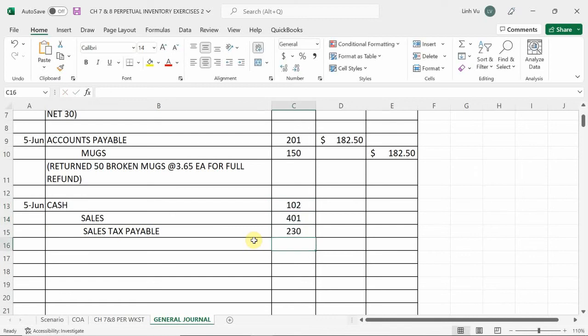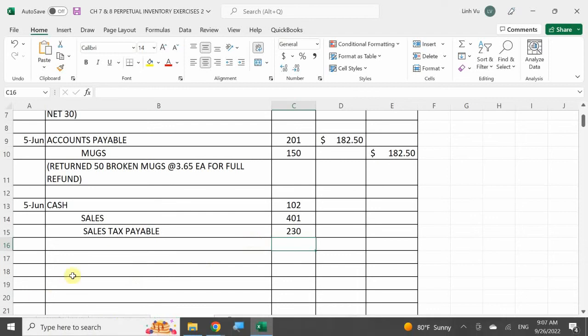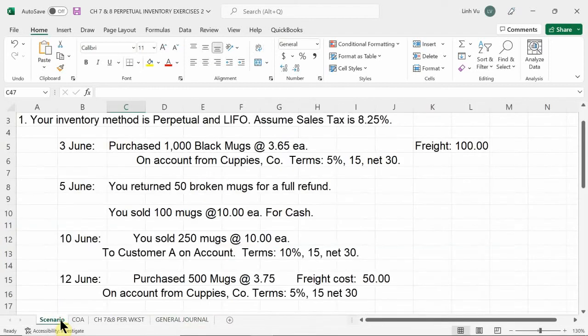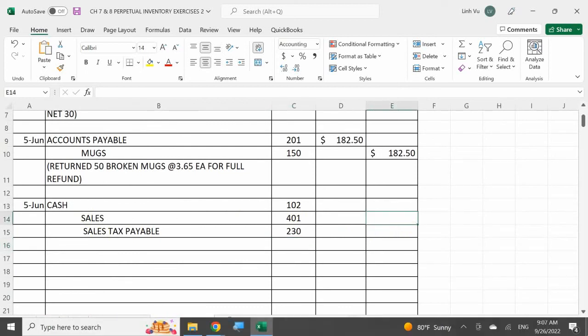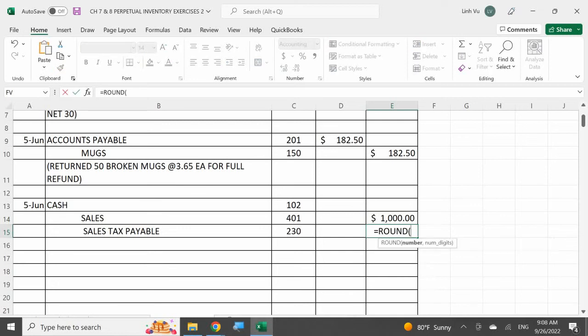Okay. Now in this case, I sold 100 mugs at $10 each for cash, right? So what's my total sales? If I sold 100 mugs at $10 each, what's my total sales? I got 1,000. So then how much sales tax am I going to be collecting?